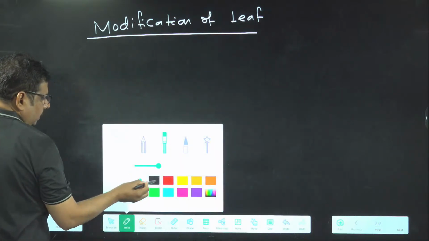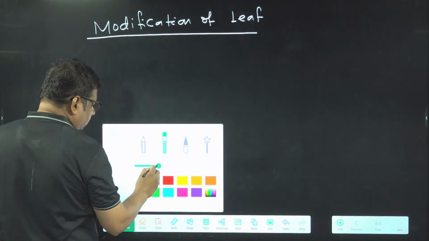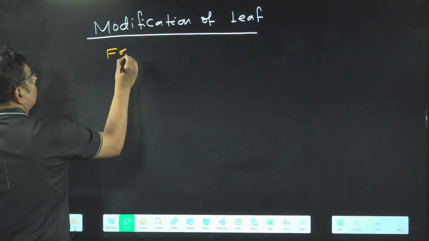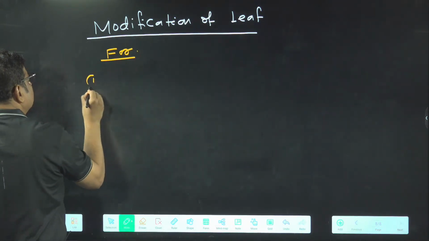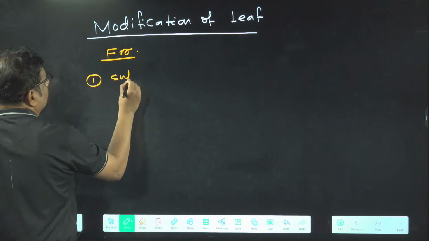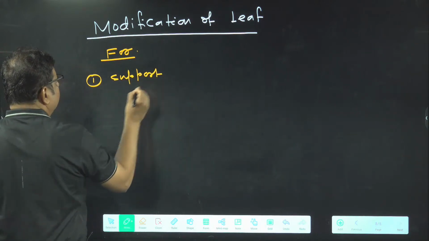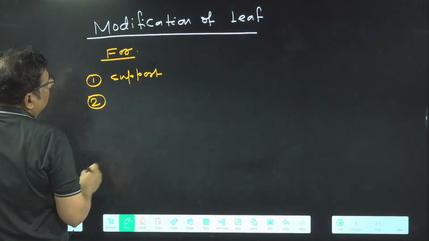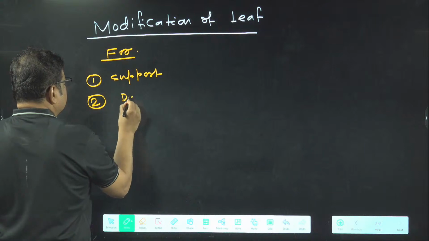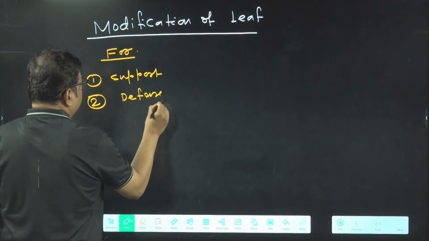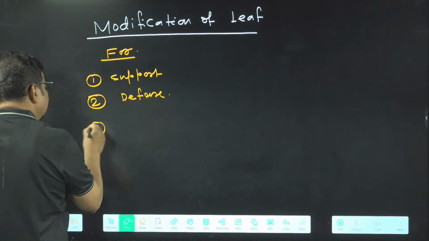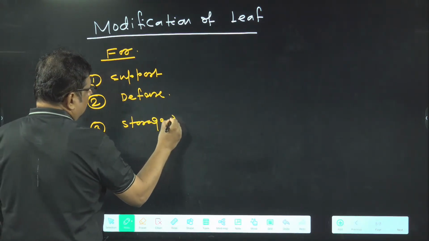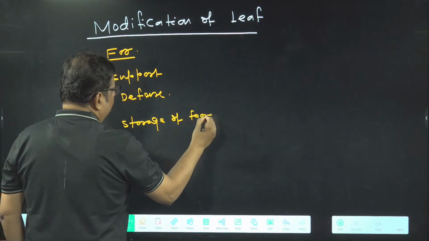Modification of leaf. First we are going to discuss support. Then we are going to deal with defense. Then we are going to deal with storage of food.